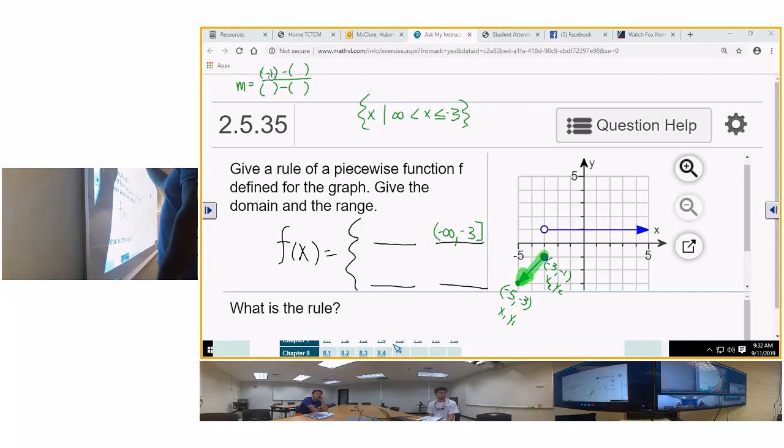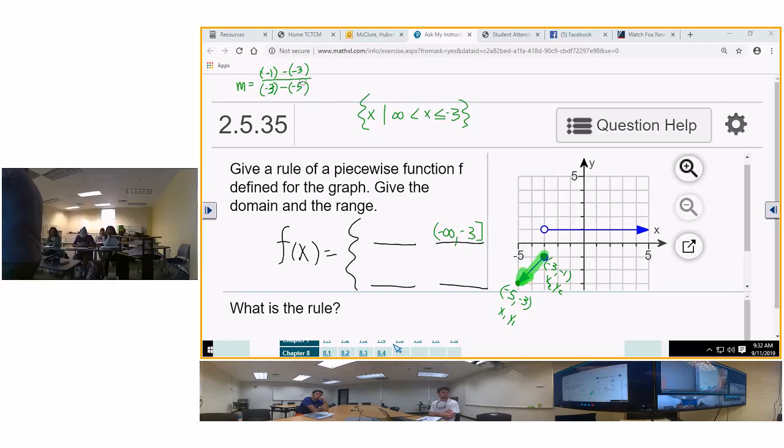The negative 3. And the negative 3 minus what? Negative 5. You remember when I told you to use parentheses? Yes. This is why. Negative 1 plus 3 is what? 2. Negative 3 plus 5 is 2, so our slope is 1.